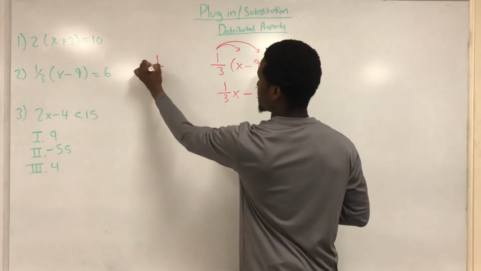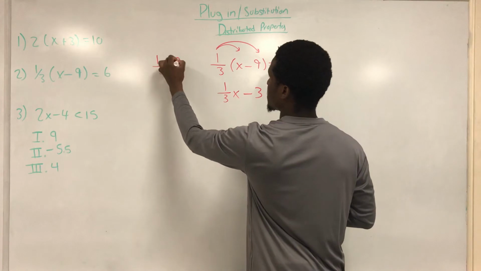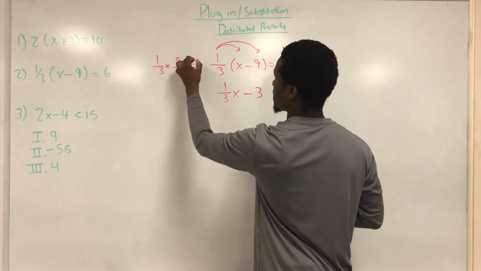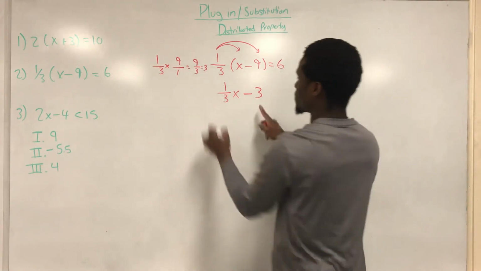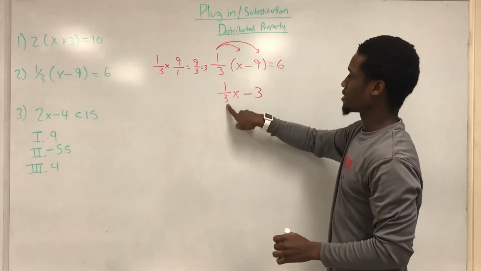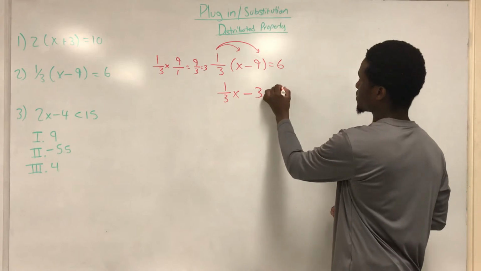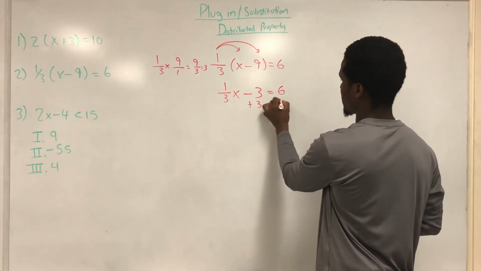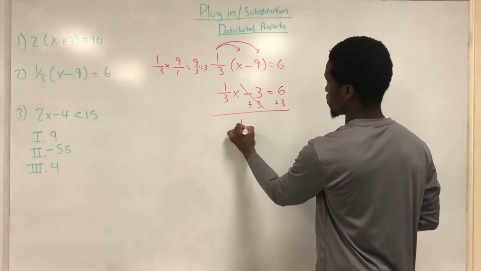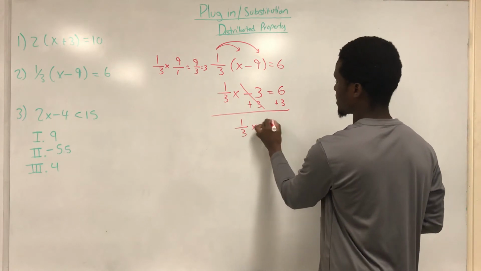If you don't believe me, 1/3 times 9 is going to be equal to 9 over 3, which is equal to 3. So 1/3 times x is 1/3 x. 1/3 times negative 9 is negative 3. So it equals 6. We're going to add 3 and then add 3. So 1/3 of x is equal to 9.